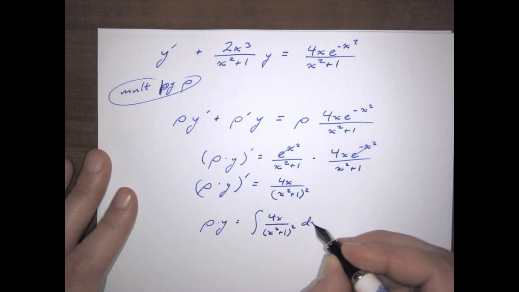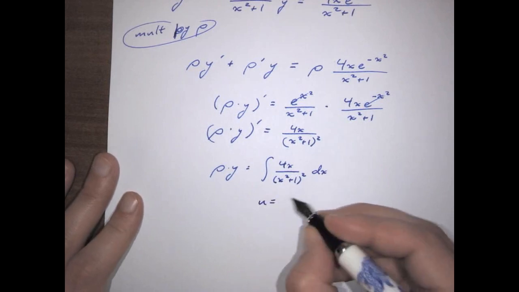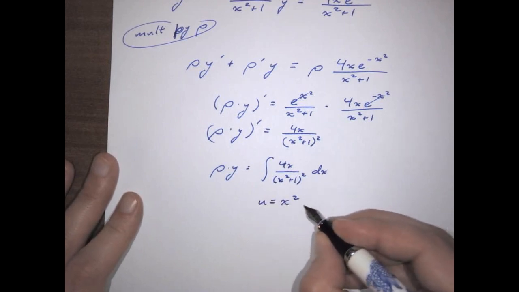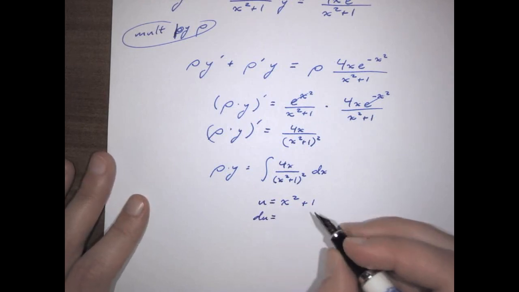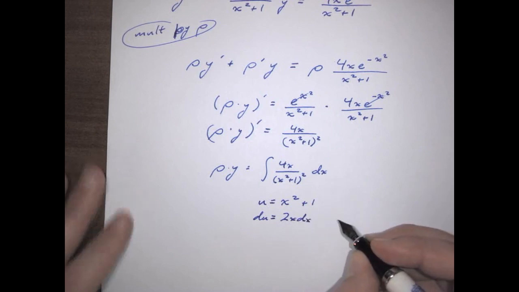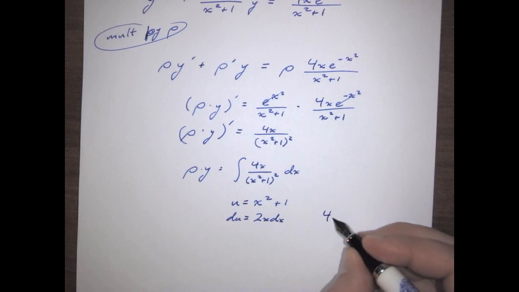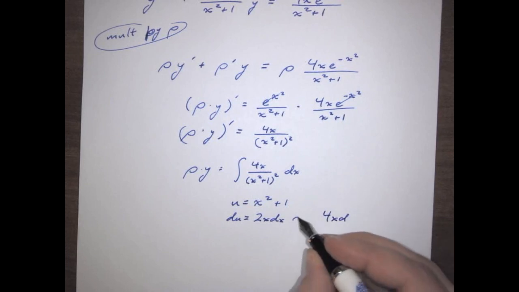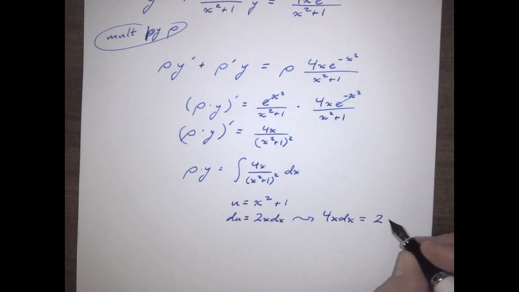squared dx. And once again, we've got a u substitution, and once again, it's the same old u. U is equal to x squared plus 1. Du is going to then equal 2x dx, which means that, for the record, 4x dx is going to be the same as 2 du.